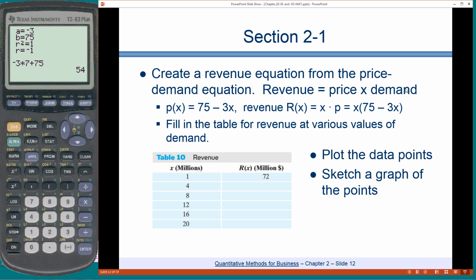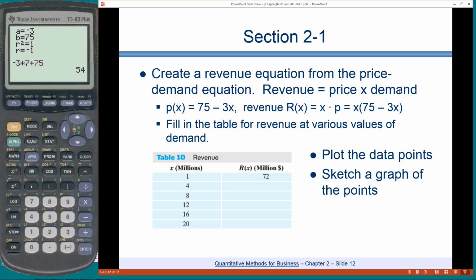It says demand. The demand equation says how many units are people going to want for a particular price, or to get a particular demand, what's the price going to have to be? Universally in business, demand is equated to sales, at least when you're doing a prediction.